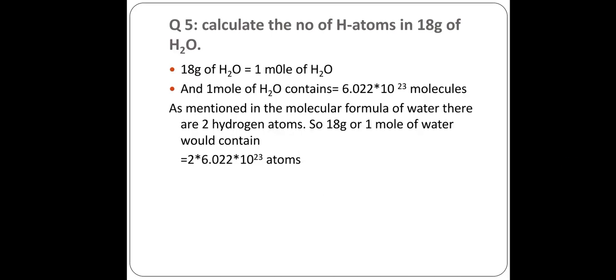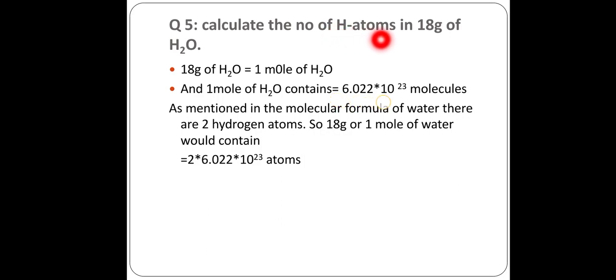Moving to the next question, question number 5. There's a tactic in this question. They have given you the mass of the whole molecule, water, H2O. Calculate the number of hydrogen atoms in 18 gram of H2O.